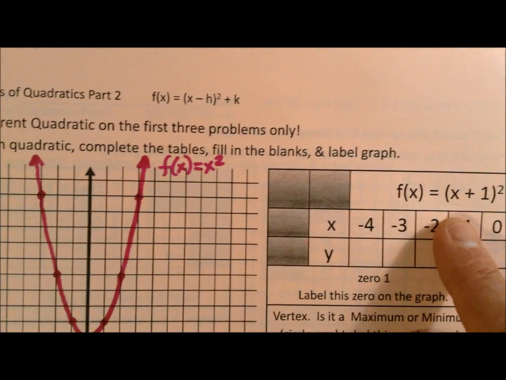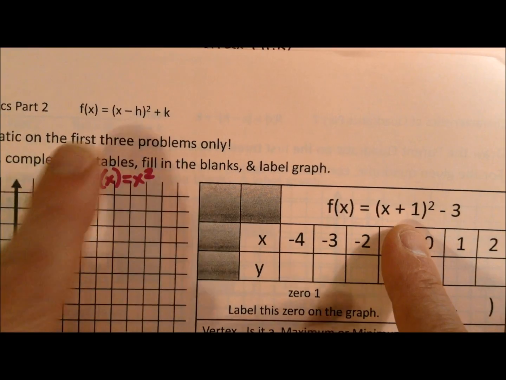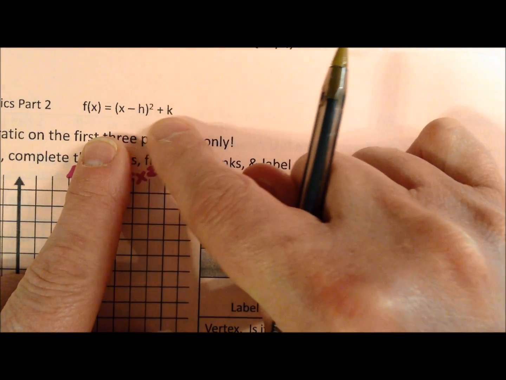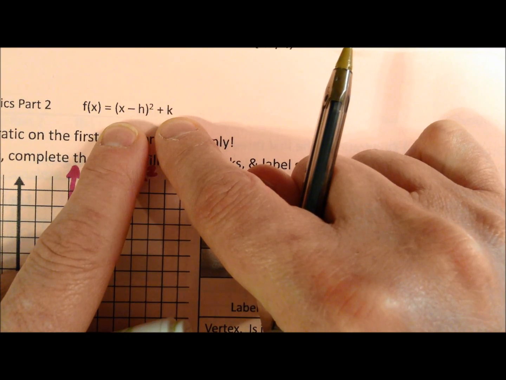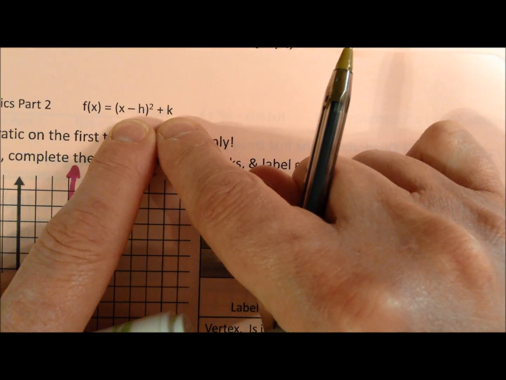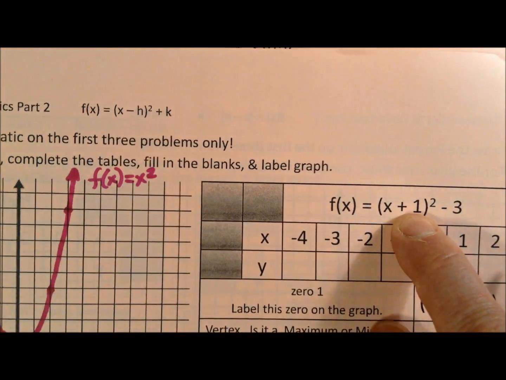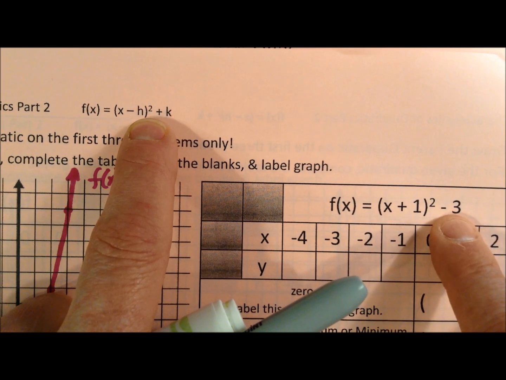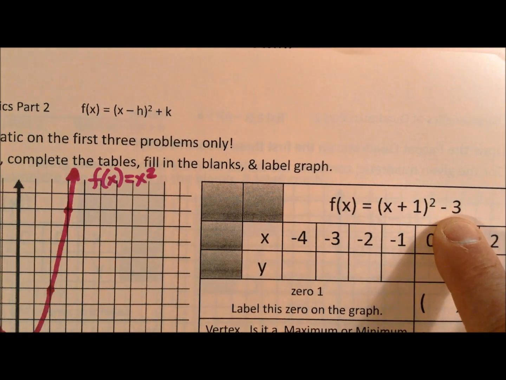Now, if you take a look at this problem and compare it to our form, it's a little different. You notice that in the form that we're given, it's minus h and plus k. Well, over here, I've got a plus inside the parentheses, so that's a little different. And then I have a minus here. This shouldn't be a big deal. Minus 3, translation from day 1.